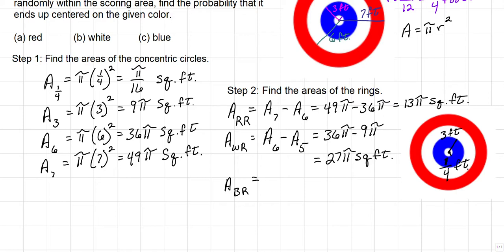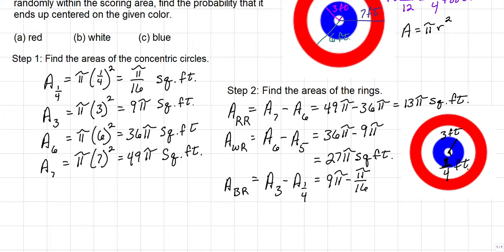I don't know if you can see the 1 there. There we go. And so it's going to be the area sub 3 minus area sub 1/4, which will be equal to 9 pi minus pi over 16.